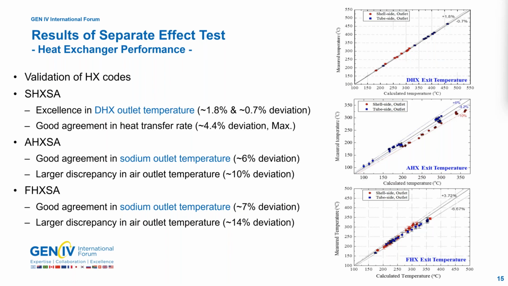But in general, 10% is still a good result if you think of other air experiments. For the sodium to air test for fin tube, the discrepancy was in a similar range with the helical-type experiment. Again, for more information, please refer to the published papers. Next slide, please.